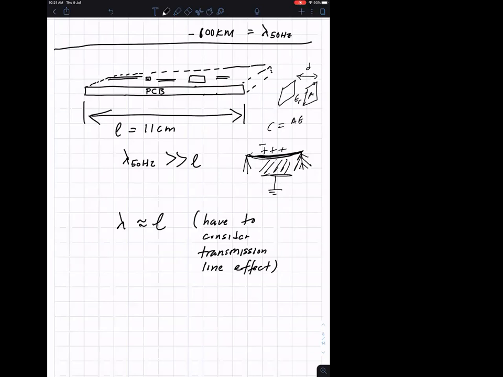So the capacitance is area times dielectric, epsilon, divided by the distance. The capacitance can increase if the distance is reduced.